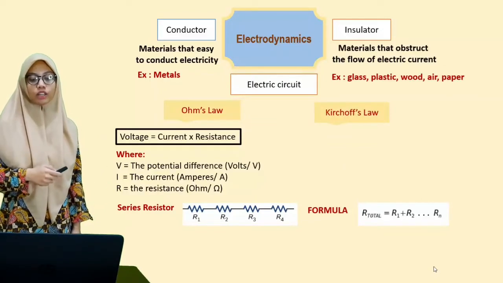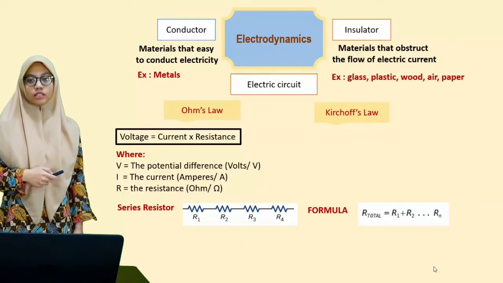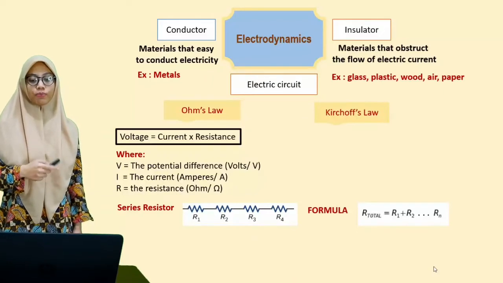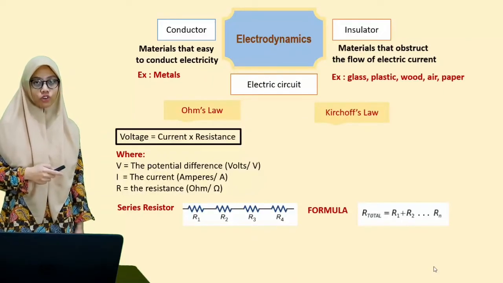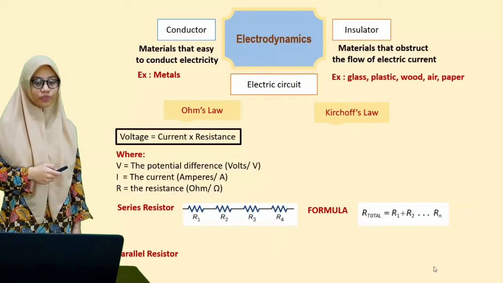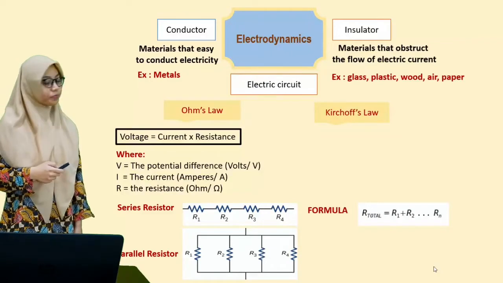For example, R total of R1, R2, R3, and R4 is just adding R1 plus R2 plus R3 plus R4. And the second one is parallel resistor. The parallel resistor shape is like this.